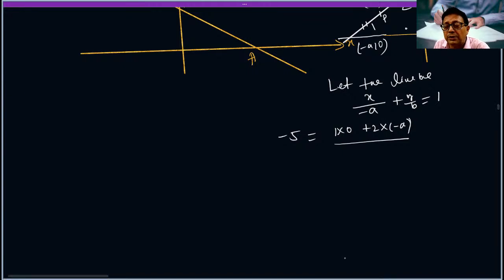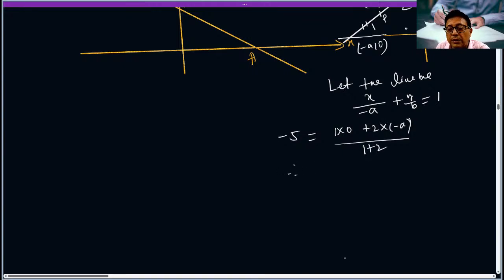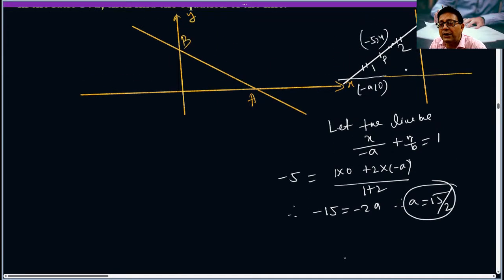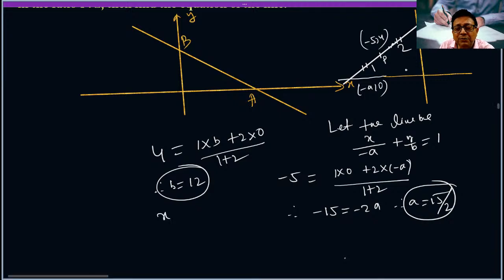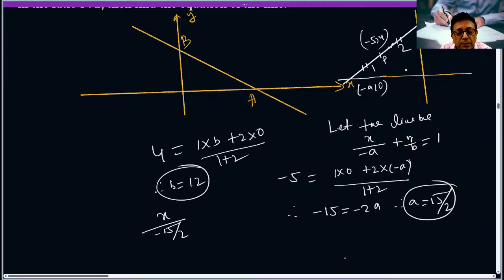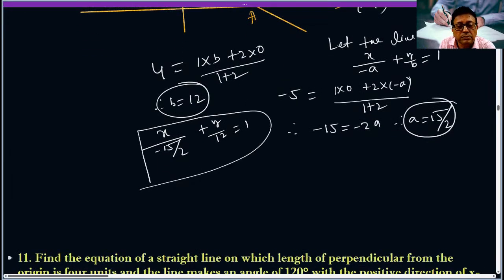I am using the section formula. So a is coming 15 by 2. For y, for b, what to do? 4 equals 1 into b plus 2 into 0, divided by 3. So b equals 12. With a as 15 by 2 and b as 12, the line will be what? Is that clear?